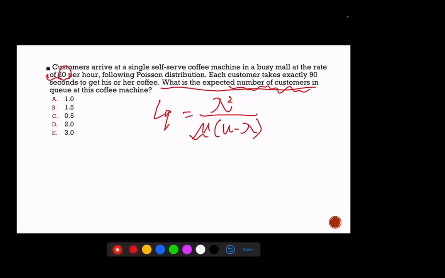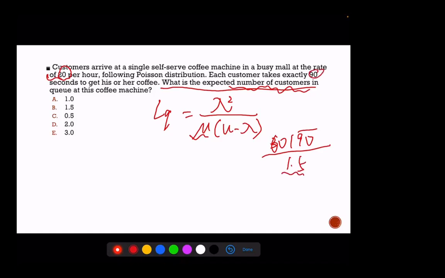Because we know it's 90 seconds, and we need to know how many coffees this system can produce in an hour. So we use 90 divided by 60, which gives 1.5 minutes.